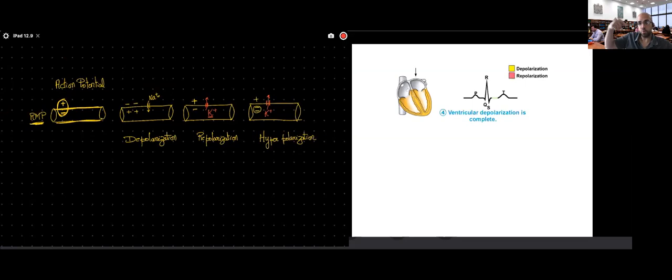Then I get back the polarity by allowing potassium out. This is my repolarization. I return back to the polarized state. But those potassium channels will keep leaking potassium to the outside of the cell even after I reach the resting membrane potential. So what do we call this exaggerated polarity? It's hyperpolarization.